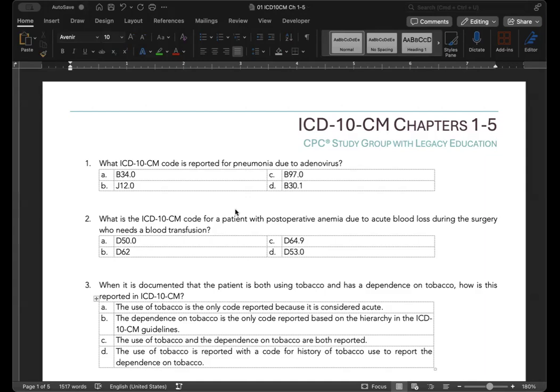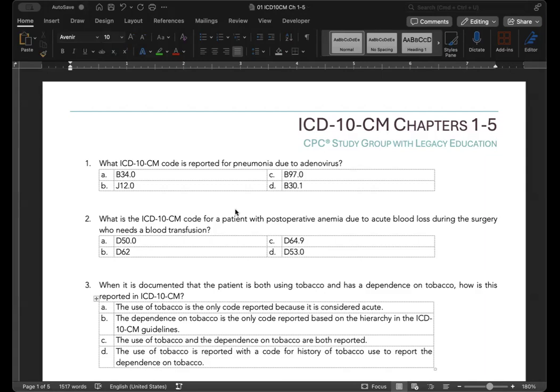It potentially could speed you up if you're trying to determine whether you're down to two codes. So that's what I want to focus on tonight: getting comfortable with the alphabetic index and knowing how to use it.